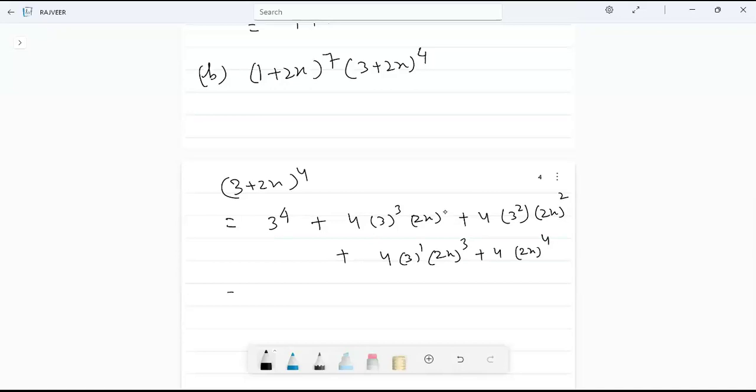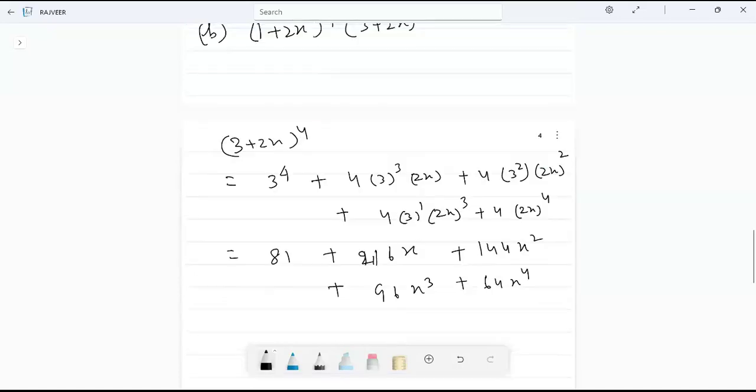So this becomes 81, plus 216x, plus 216x squared, plus 96x cube, plus 16 into 4, 64x to the power 4.